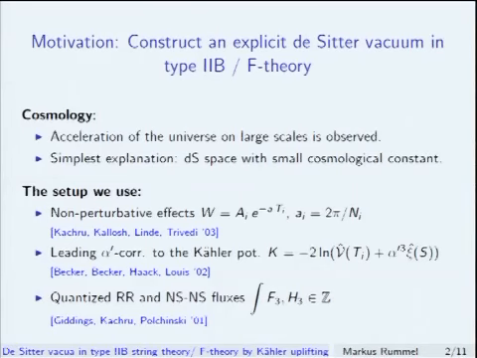We want the de Sitter vacuum because we observed that the universe is accelerating on large scales, and the simplest explanation for that is the de Sitter vacuum with a small cosmological constant. And the setup I'll be using in the following is this, I guess by now, classical thing. So non-perturbative effects in the superpotential, leading alpha prime correction to the Kahler potential, and quantized fluxes.